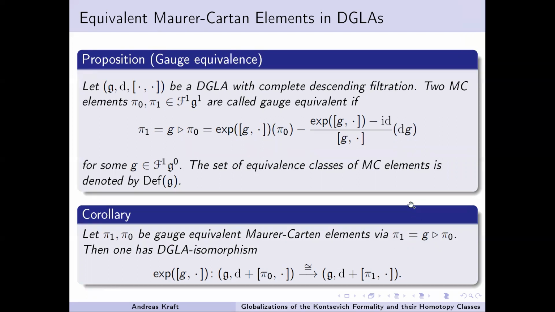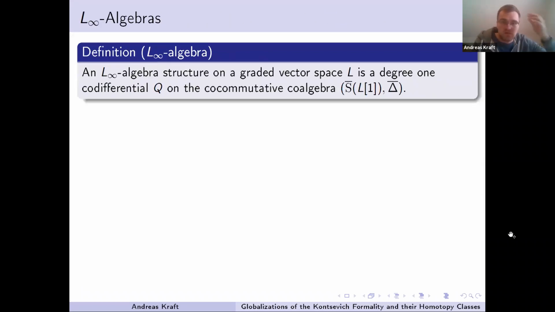Okay, so this was the setting of DGLAs, and now we do just the same for L-infinity algebras. Please interrupt me if you want more details on something. I will just give the basic definitions of all this stuff. An L-infinity algebra structure on some vector space is a degree 1 codifferential on this cocommutative coalgebra.